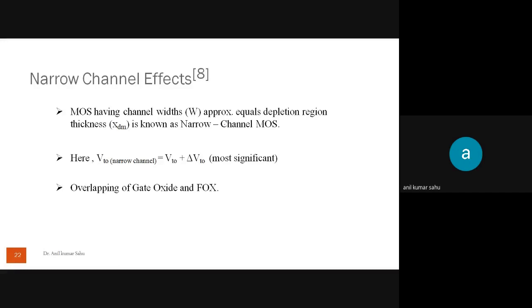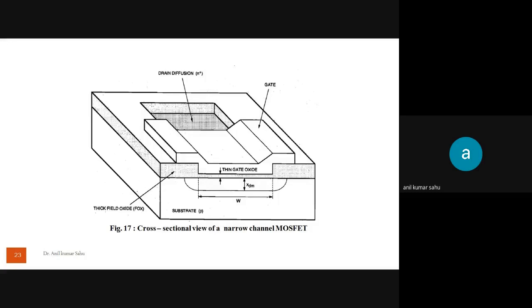VTO plus, overlapping means this channel, this is the drain diffusion, this is the gate, this is the thickness of the field oxide, this is the thin gate oxide.